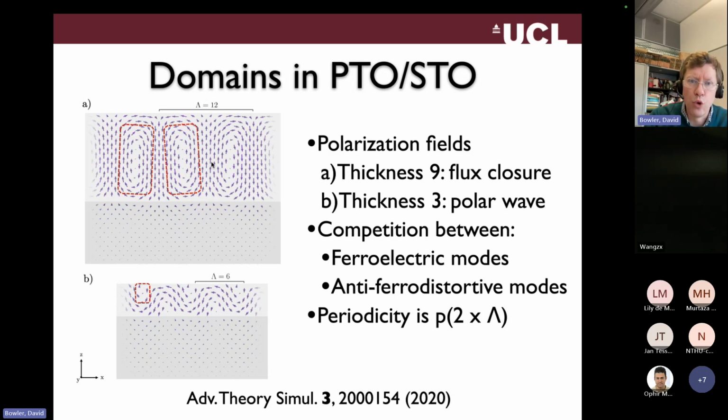And so you get these walls between the domains where the dipoles are all lined up, and you'll see that you've also polarized the substrate. Whereas for a thinner film of lead titanate, this is only 3 boxes of lead titanate, there isn't space to form these circles, and so we have a polar wave, so a little wave of alternating directions.